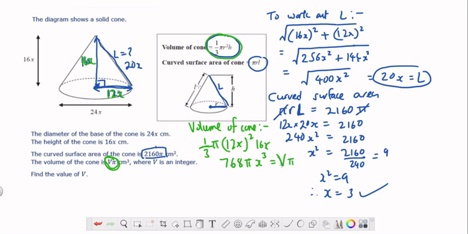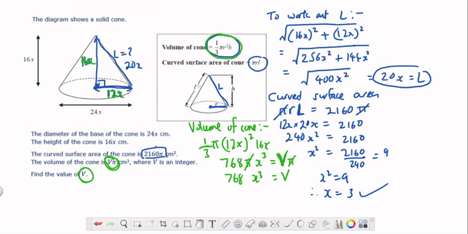It's this v I'm trying to work out. I'm trying to work out the volume. Remember, find v. That's what I'm trying to find. You can see here there's pi's on both sides. So if I divide by pi both sides, these will cancel. So I'm just left with 768 x cubed is equal to v, the volume.